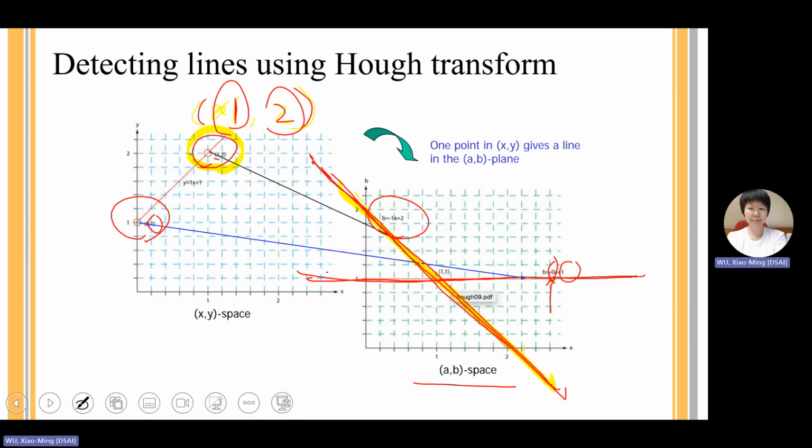Their intersection in the AB space, the intersection of the two lines, is 1 and 1. And this 1, 1 corresponds to the slope and the intercept of this line in the XY space. Okay, so I hope you can figure this out.